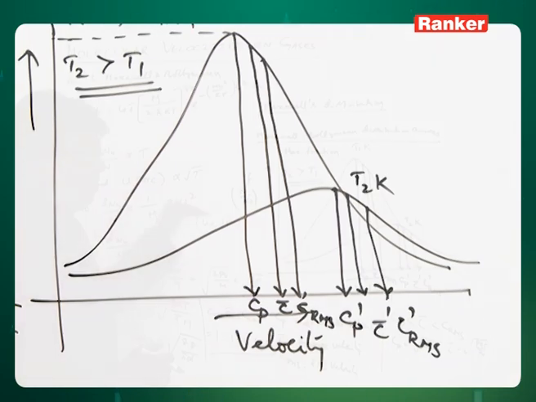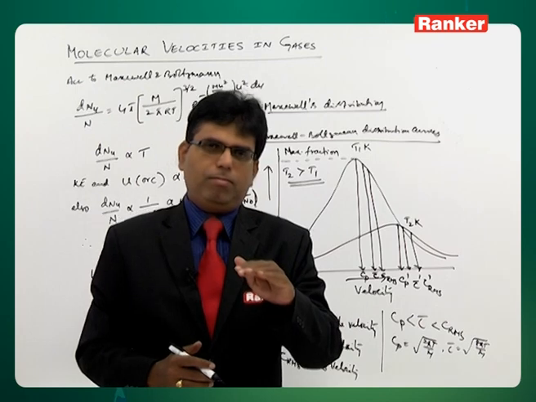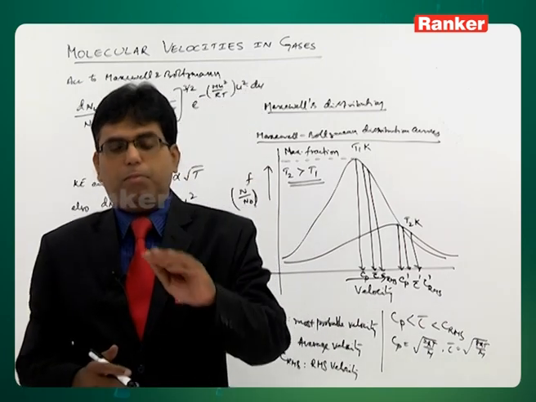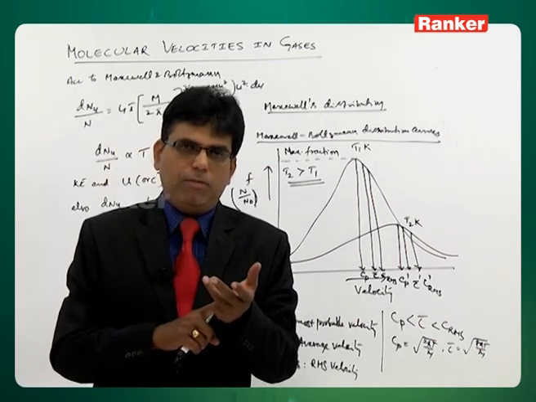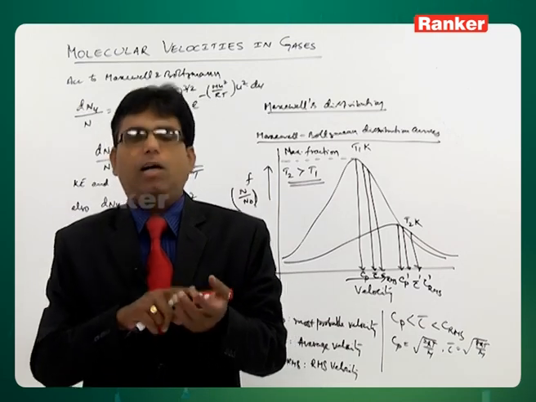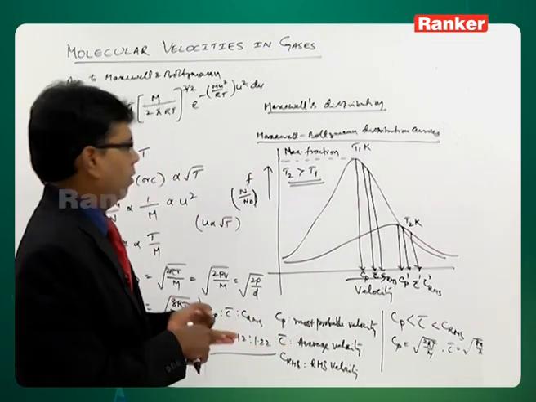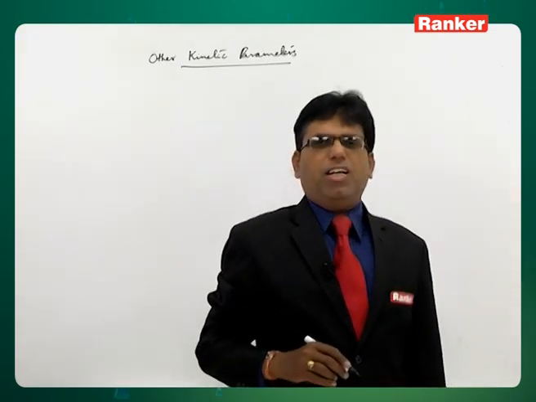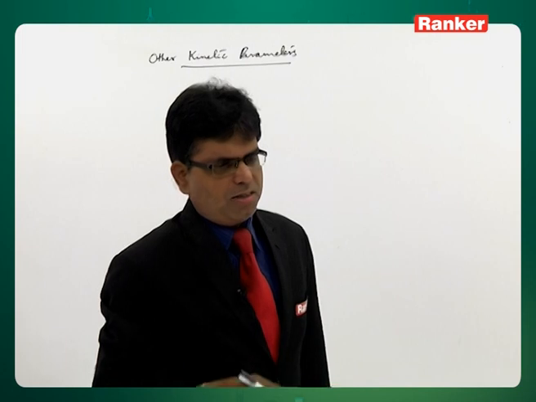Now after this, the other kinetic parameters like collision diameter, collision frequency and mean free path we also have to look at. About the kinetic parameters of gases, so far what we have seen is the kinetic energy.